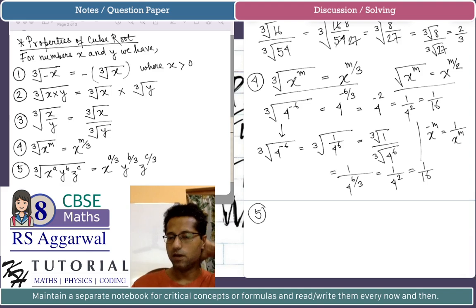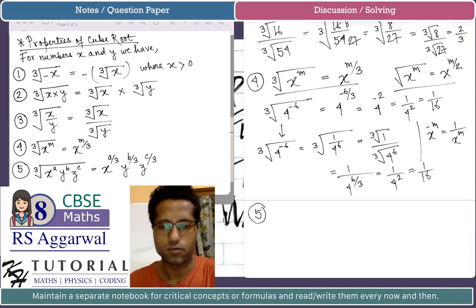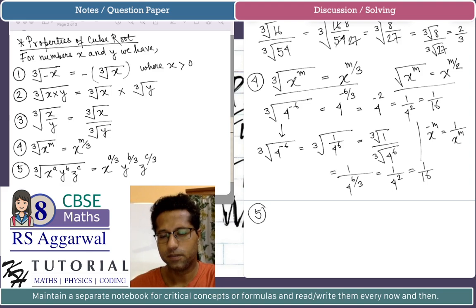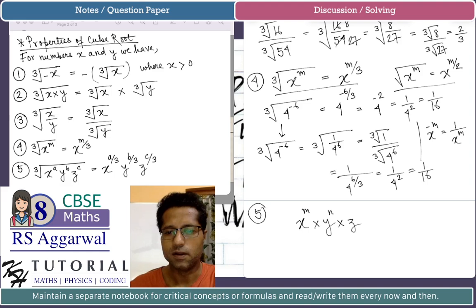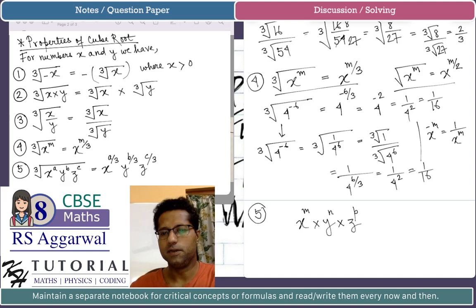If you are asked to find the cube root of a product of exponential terms, let's say I have some exponential term x to the power m multiplied by y to the power n multiplied by z to the power p, where x, y, z are some non-zero numbers and m, n, p are some integers.